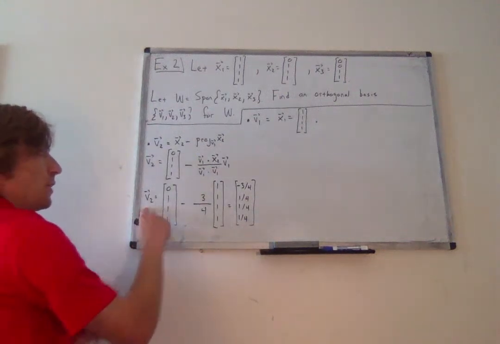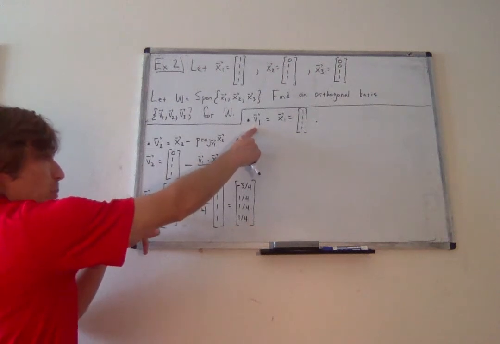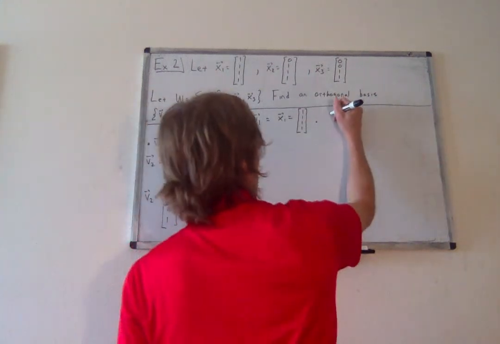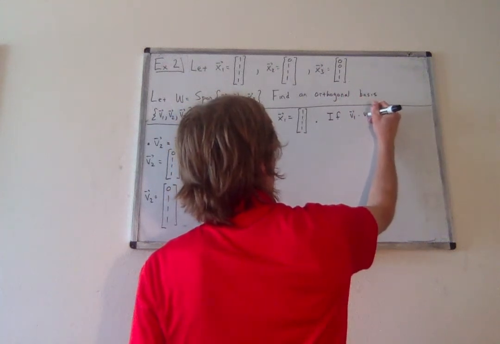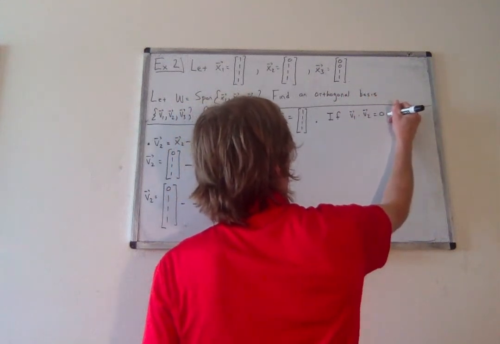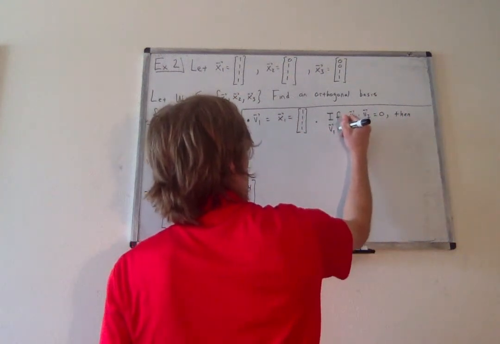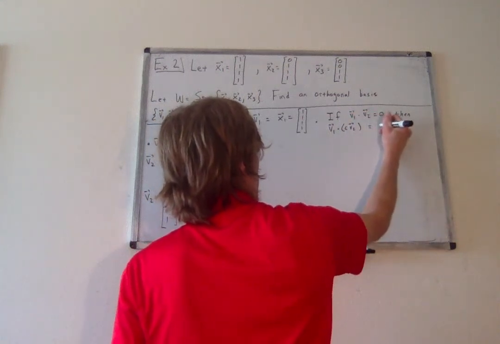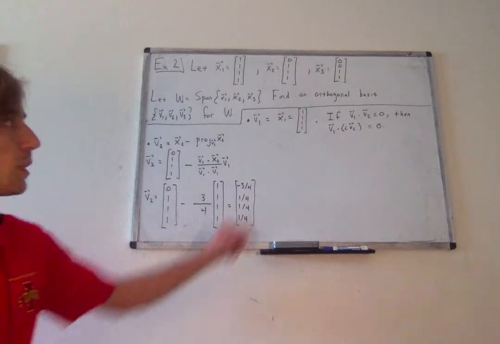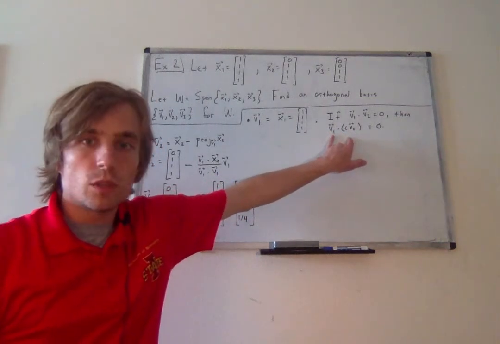So if v1 dot v2 is equal to 0, then v1 dot c times v2, where c is any scalar, is also equal to 0, because I'm allowed to pull this scalar out and wind up with the original dot product.